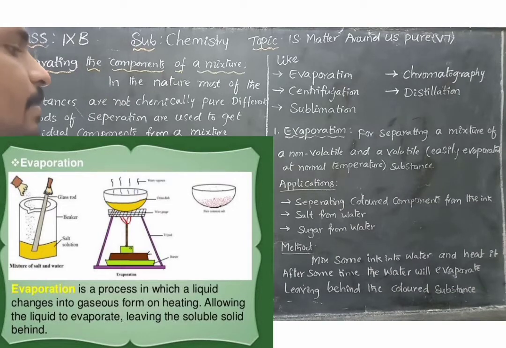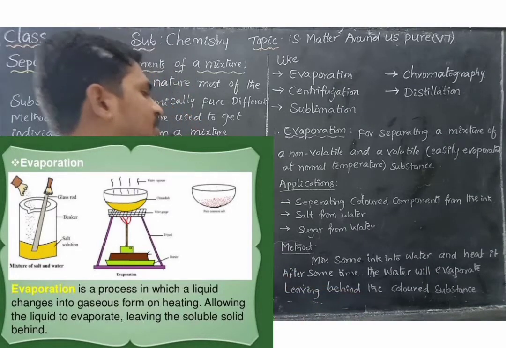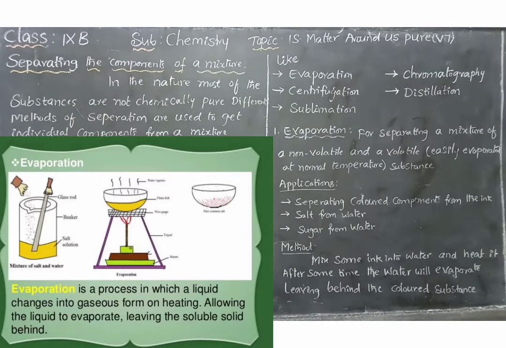After some time, the water will start evaporating. Only the ink particles remain at the bottom of the surface, leaving behind the colored substance, while all the water evaporates. That is the evaporation technique, used to separate volatile and non-volatile substances.